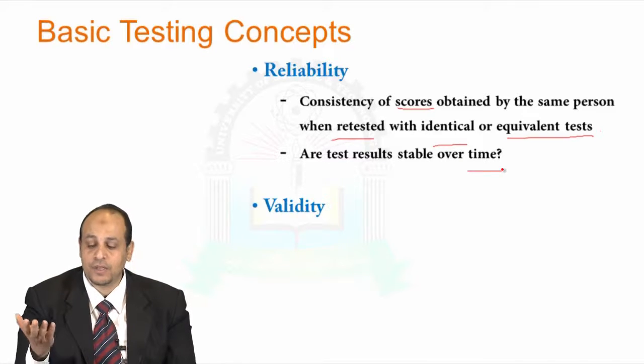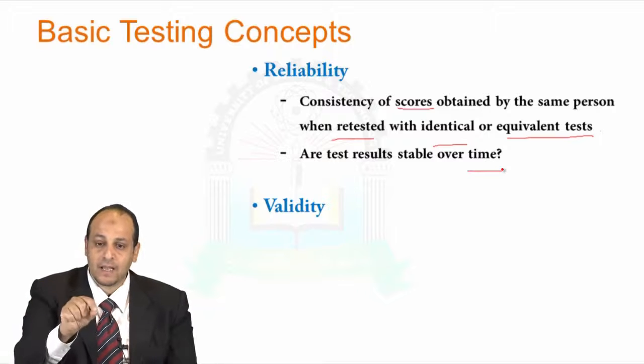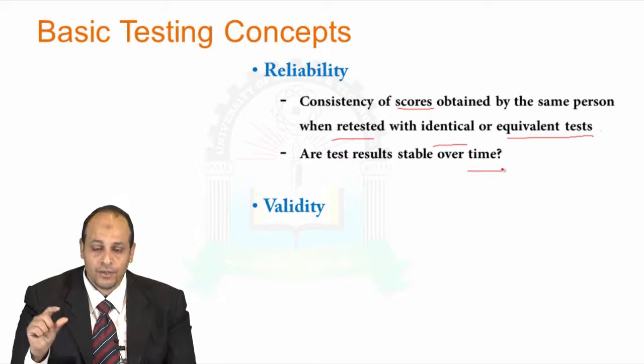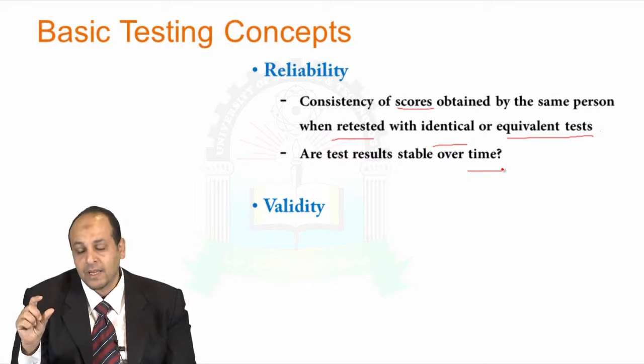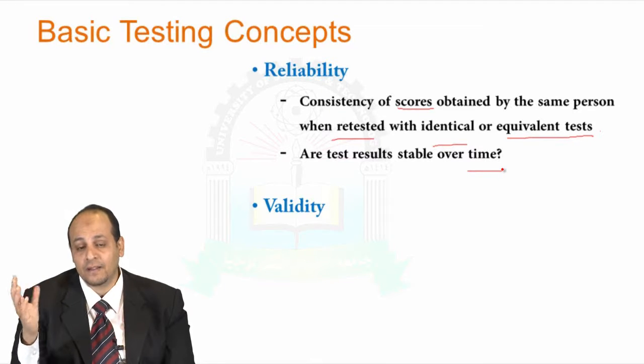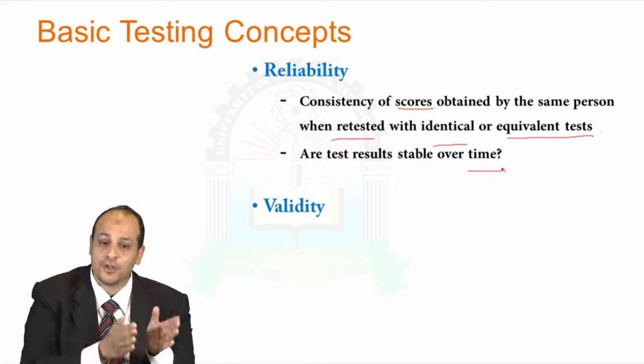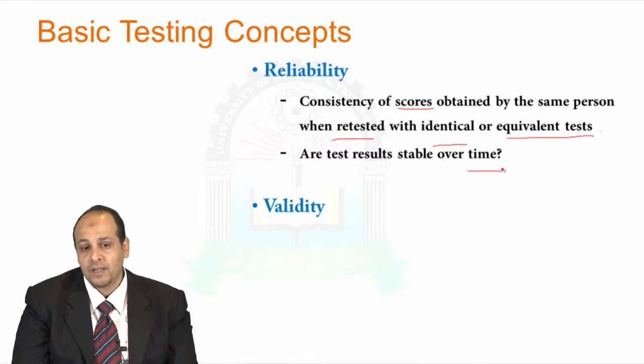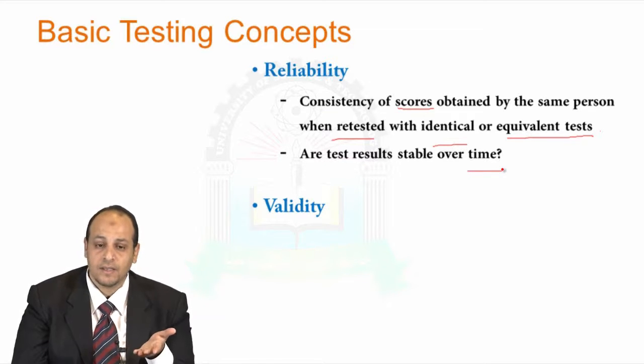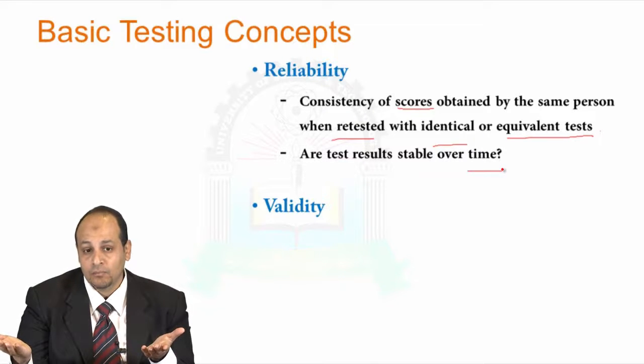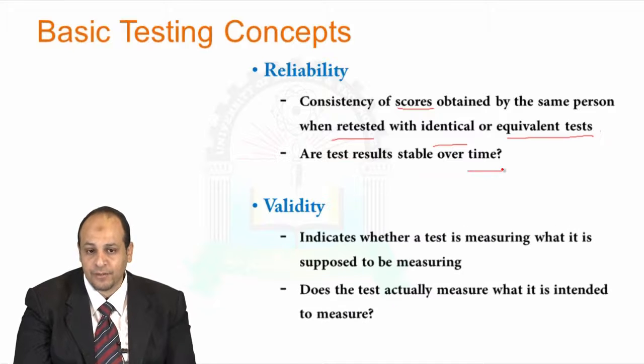Now, we need to use a tool in order to select among the candidates. This tool is the test. This test should only be examining the kinds of activities inside these jobs. In other words, validity means to what extent I am testing what should be done in the workplace.